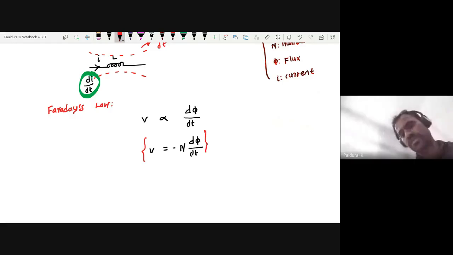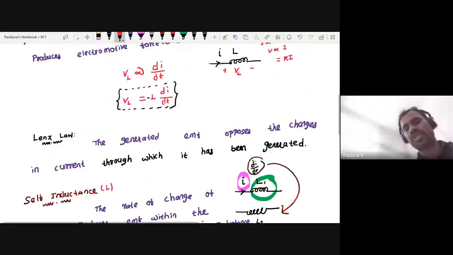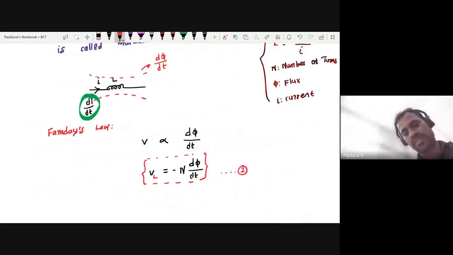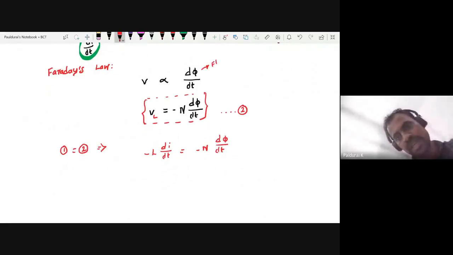Already we know what we mean by inductance. Take equation number 1 and equation number 2; both are equal, right? Here it is V sub L, the voltage across the inductor. Equating them: minus L into di by dt equals minus n into d phi by dt, where phi is the flux linkage with that coil.